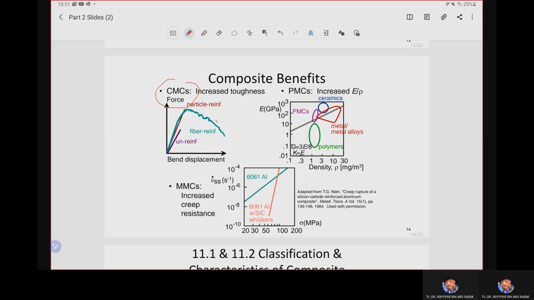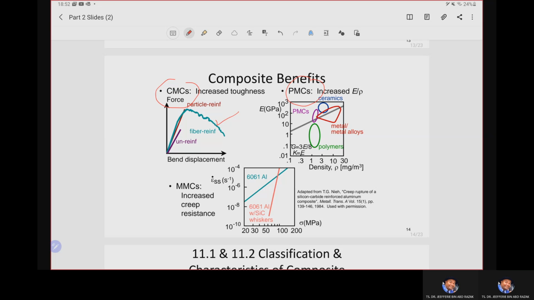While in polymer matrix composite making, we are very much interested in an increase in specific properties. As you can see here, because the PMC is light, we are really interested in improving these specific properties due to the lightweight and lower density characteristic of the polymer matrix.